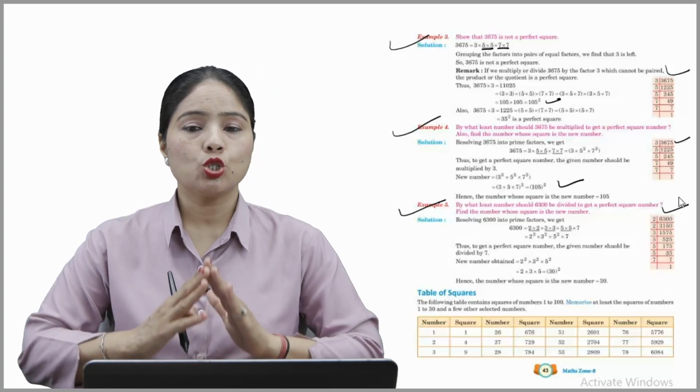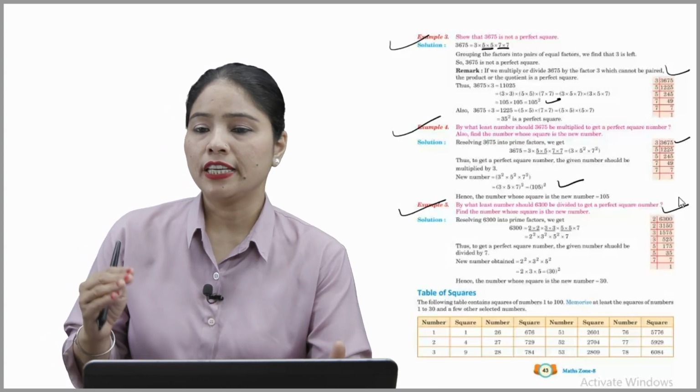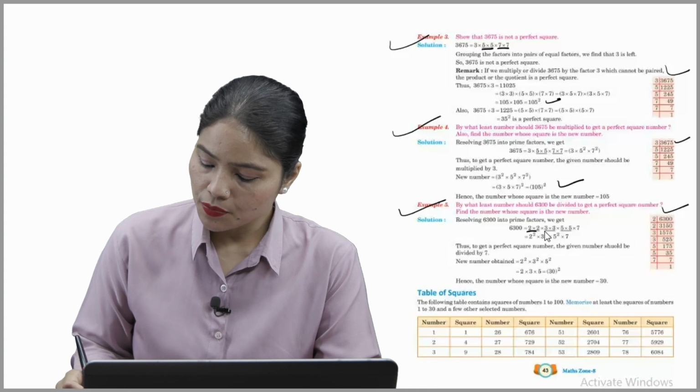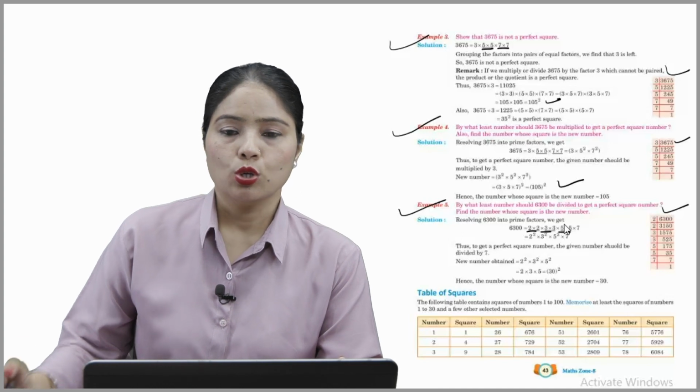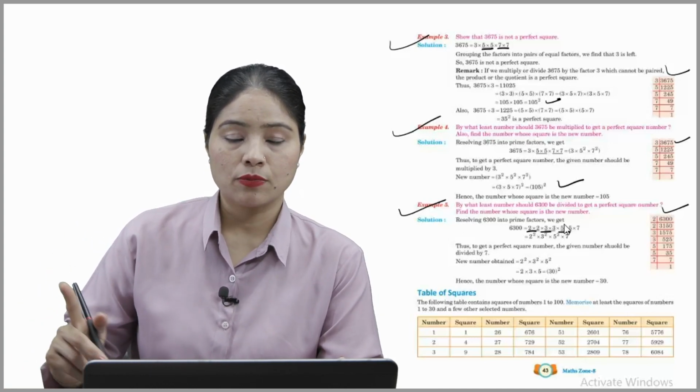So क्या मिला हमें, 2 into 2, 3 into 3, 5 into 5 into 7. So ये हमारे 2 का बन गया पेयर. This is pair of 3, this is pair of 5 और ये 7 हमारा लेफ्ट हो गया. So 2 की स्क्वायर 2, 3 की स्क्वायर 2, 5 की स्क्वायर 2 and 7 1 times.